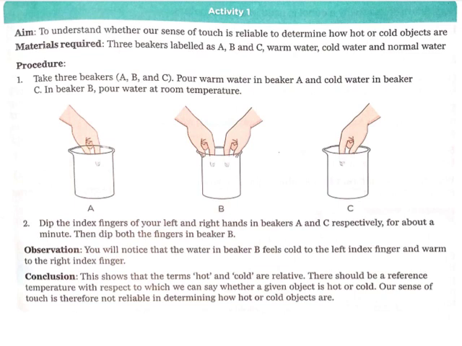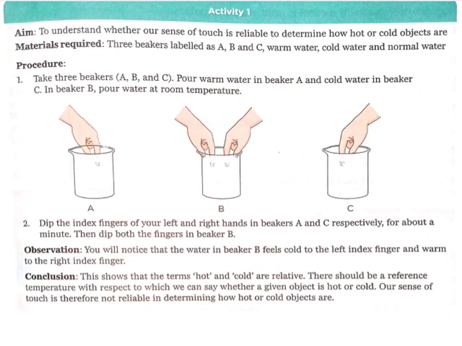You will notice that the water in beaker B feels cold to the left index finger and warm to the right index finger. So we conclude that the terms hot and cold are relative.